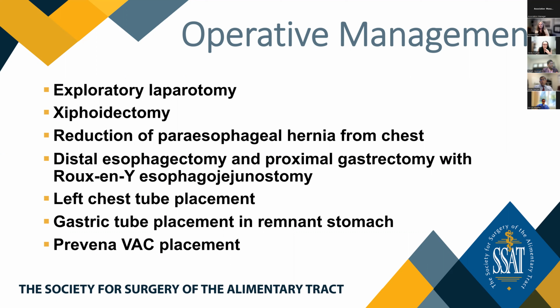So those would have been my initial steps, and then I would keep her on the PPI. I don't think I would have advanced her diet as aggressively as it sounded like they did. It sounds like within a 7-day course they had her back on a regular diet. She had been doing fine, and then once she left the hospital, came back with similar symptoms. So I think that may have been a little bit aggressive advancement for her.